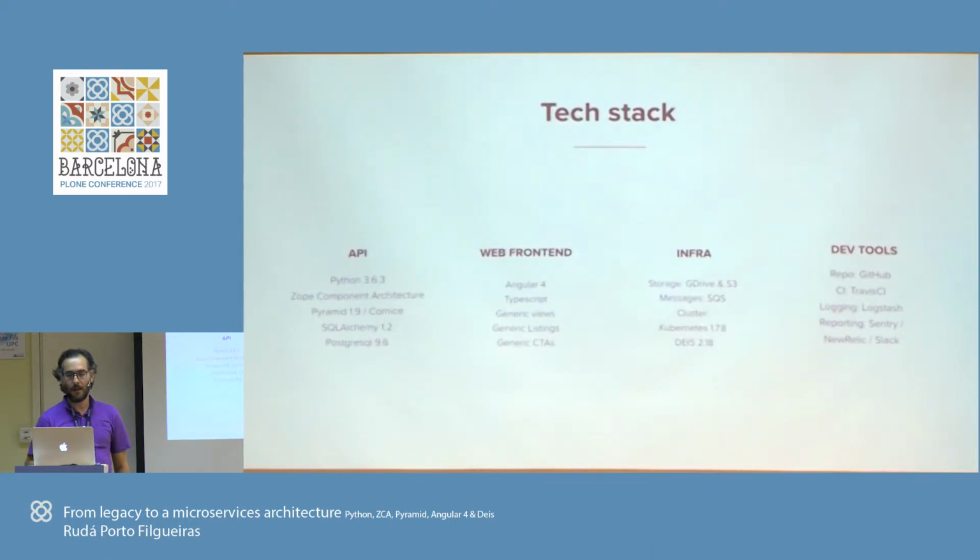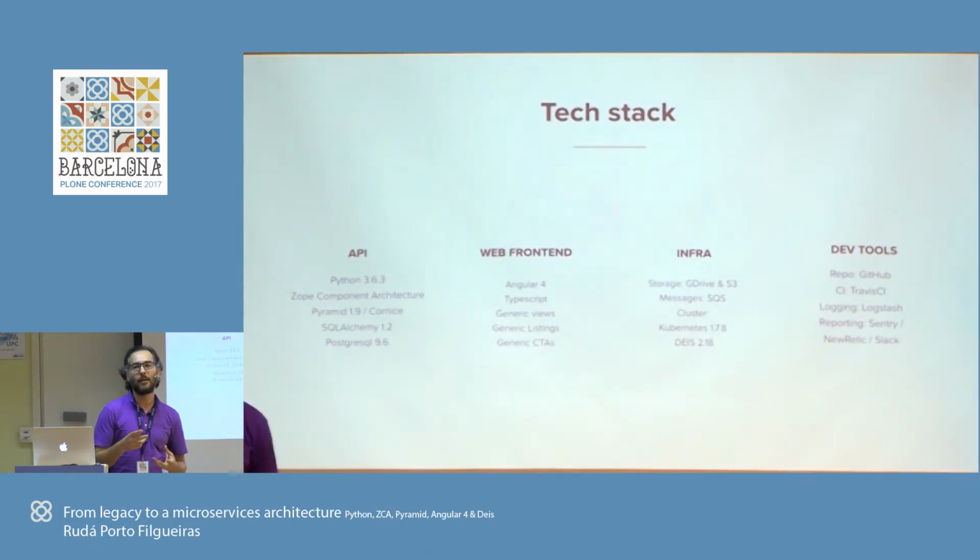Okay. And as for what to choose as a tech stack, we decided to use Python with Zope component architecture. For us, it was really important that the way we wrote the code lets you customize it later.